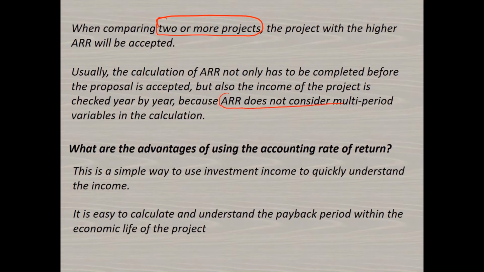That means if the project starts at time T1, you will have the ARR in place, but that does not tell you everything about the project. During the course of the project, in T2, T3, T4, you'll also have to check the income in order to monitor the return that you're getting from this project.